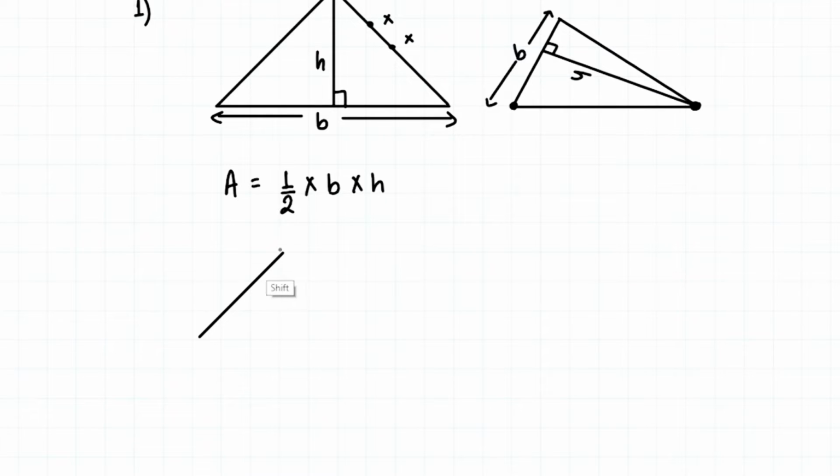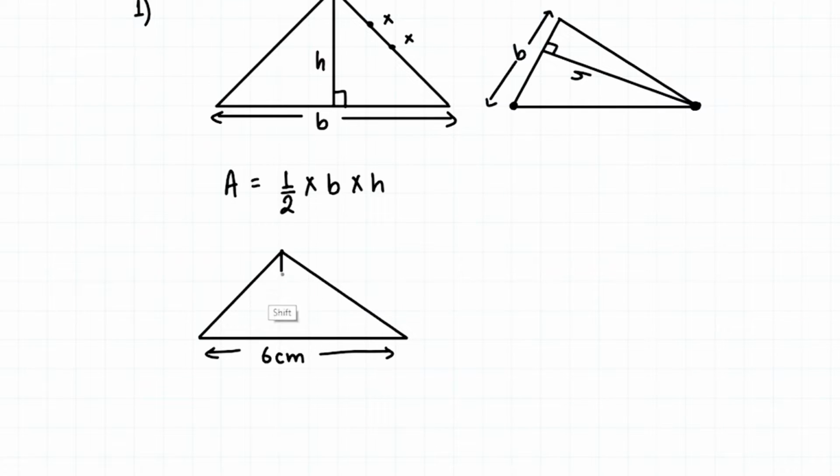So let's say again we have our triangle, and let's say in the question the base is 6 centimeter. It's given in our question. And let's say the height of this triangle is 4 centimeter. Then we can find the area of this triangle by using our formula 1 by 2 base into height.